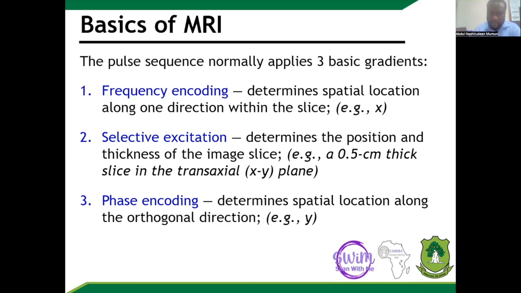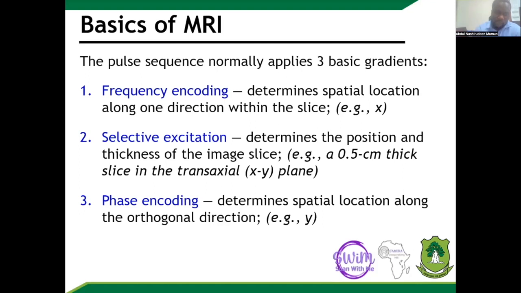The next, selective excitation, would apply the excitation pulse, the 90-degree pulse, within a selected slab of the body. So for example, if we are interested in imaging the heart in cardiac MRI, selective excitation would enable us to selectively excite spins only within the heart so that we can image the heart.